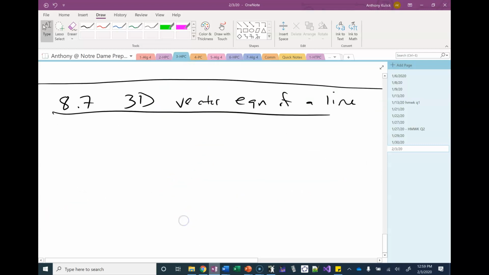So next up, we're going to talk about 3D vector equations for a line. We did this in 2 dimensions. So in 2 dimensions, we said r is equal to r naught plus v, where r naught is our point vector, and v is our slope vector.